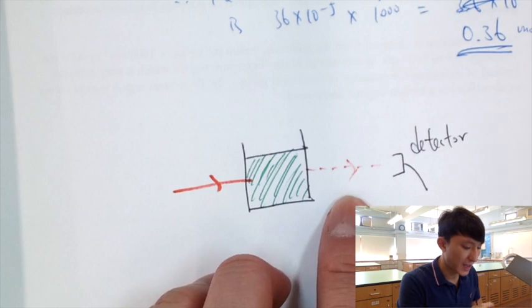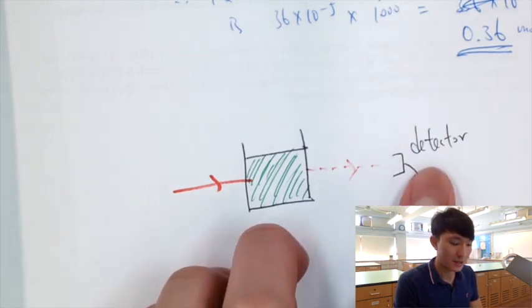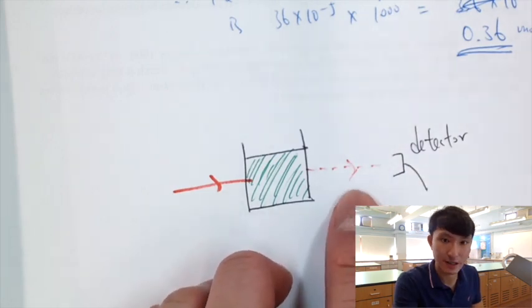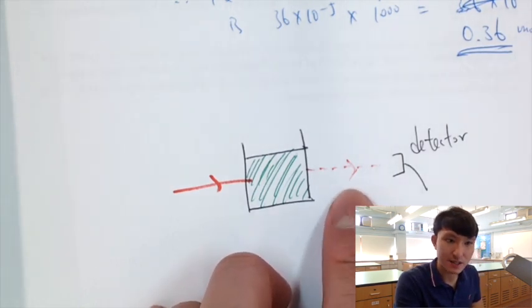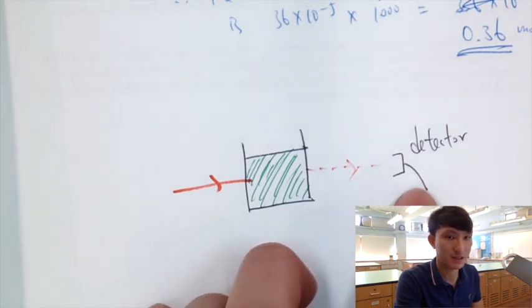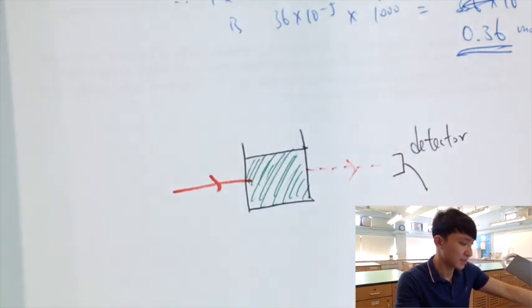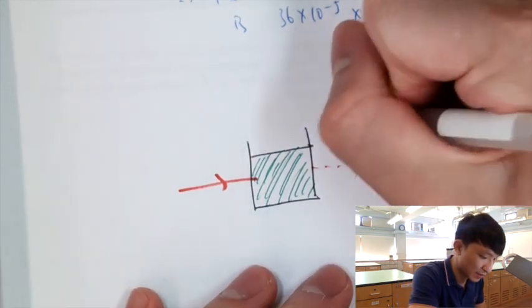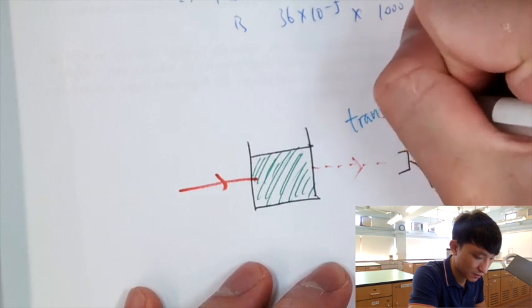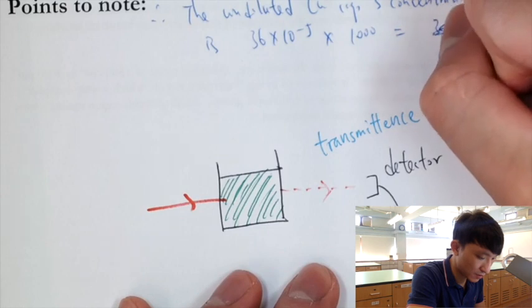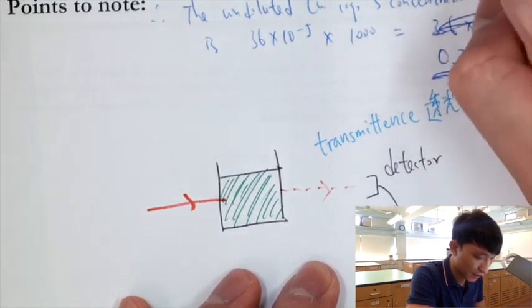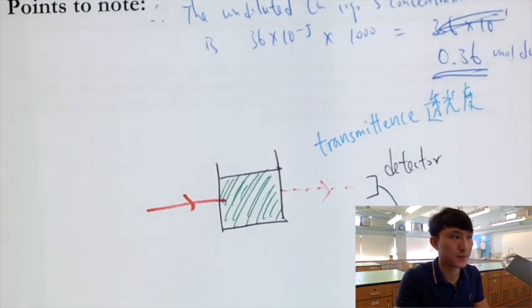The detector is measuring the intensity of light able to pass through the sample, and this is called transmittance. Transmittance means how much light can pass through.